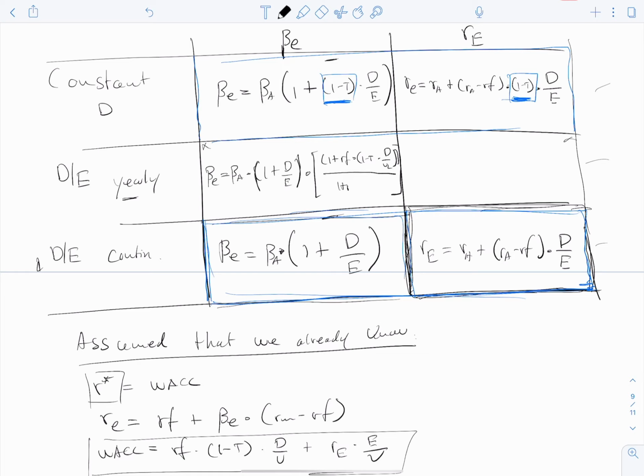And then 1 over F. And then here, equity is equal to RA, let me do a big bracket here, RA minus RF times 1 plus tax. And all of this is in your lecture notes, so I would definitely look there first before you try to memorize my handwriting.